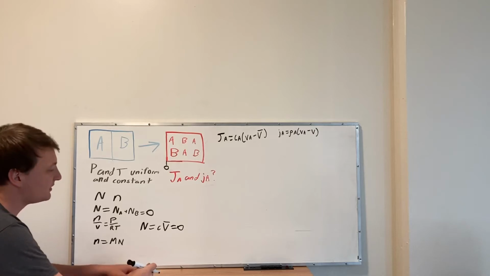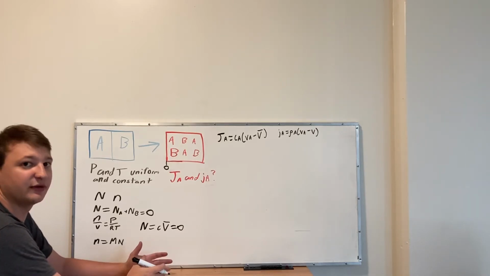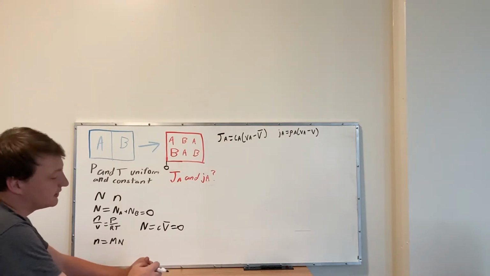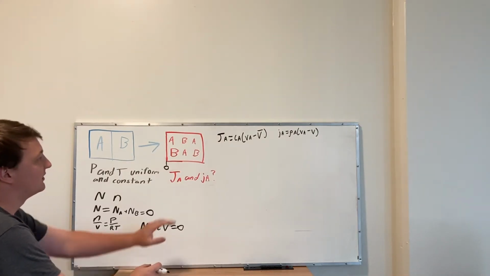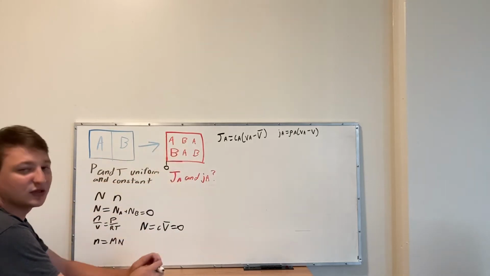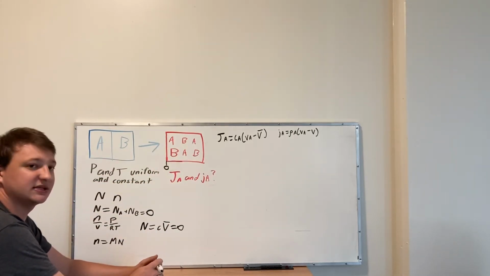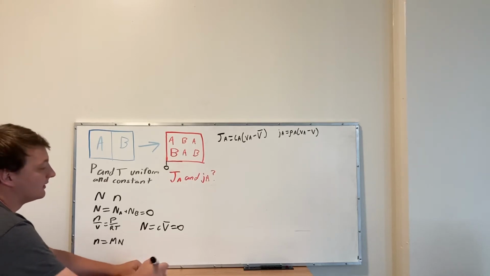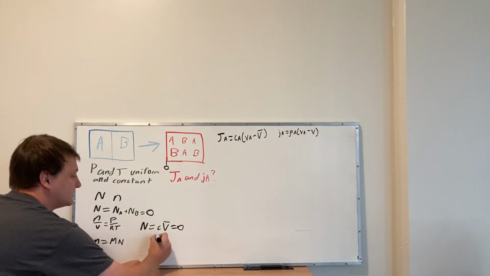So, when you have two things multiplying, we all know that at least one has to be 0. If we look at the concentration in this scenario, we have concentrations A and B enclosed in the capillary, so that can't change. We have to have some sort of concentration. So, that means total molar velocity average has to be 0.